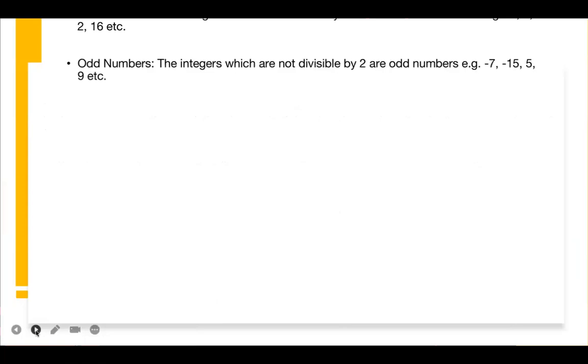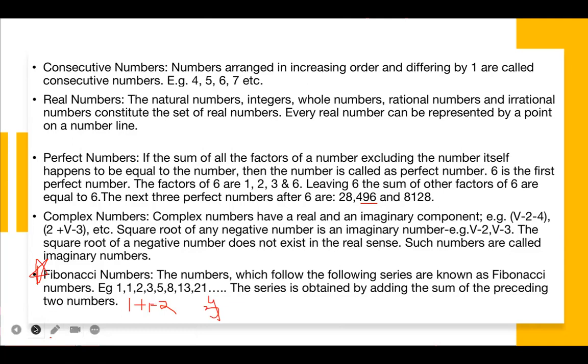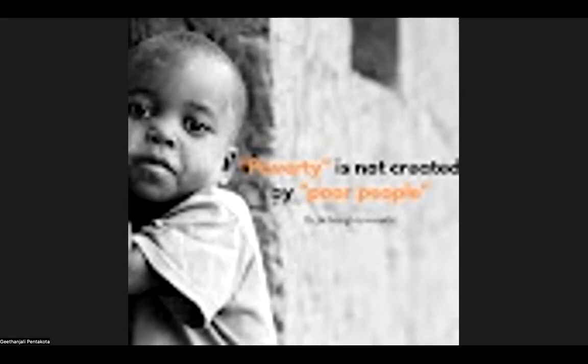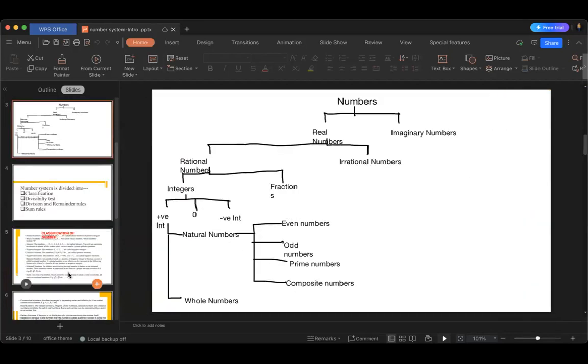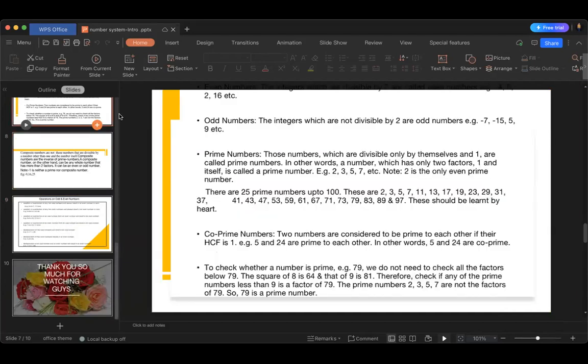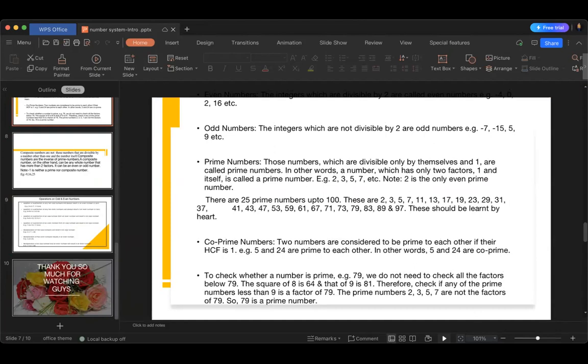And the next one is even numbers. Sorry, this slide has gone upwards.